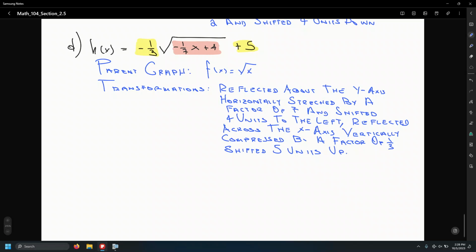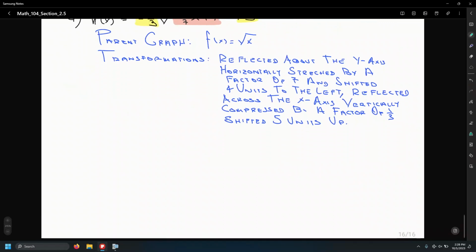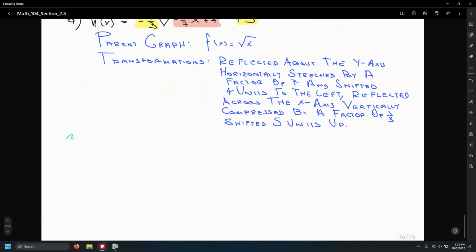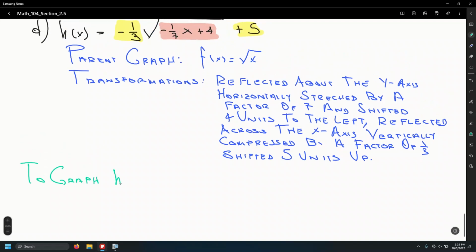Okay, so to graph h of x equals -1/3 square root of -1/7 x plus 4 plus 5.